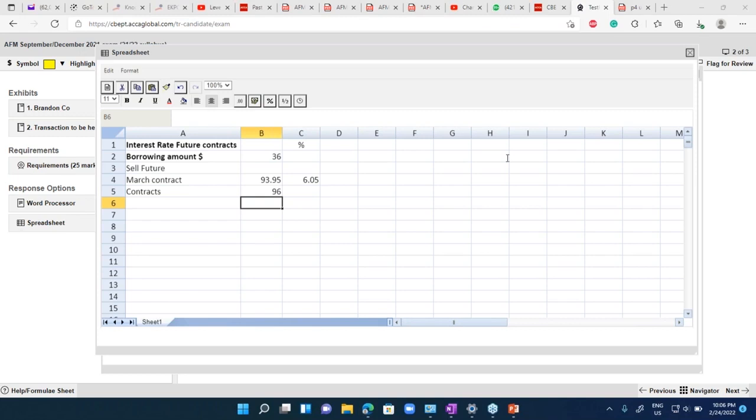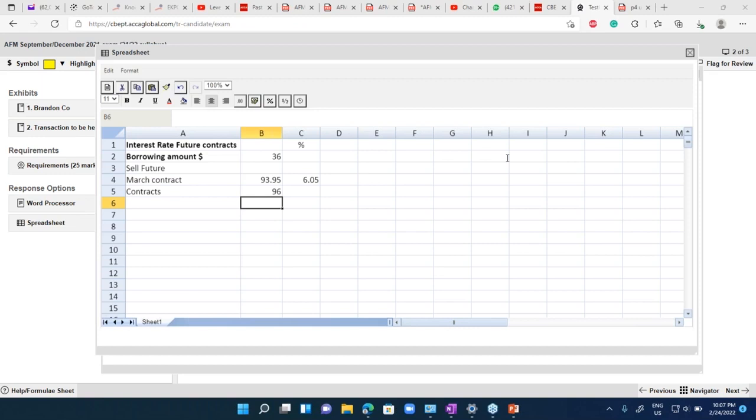Why are we choosing March contract? Remember, when you are taking the loan, identify when you are going to take the loan. You are going to take the loan on 31st January, right? So select the date immediately arriving after the date when you are taking the loan.